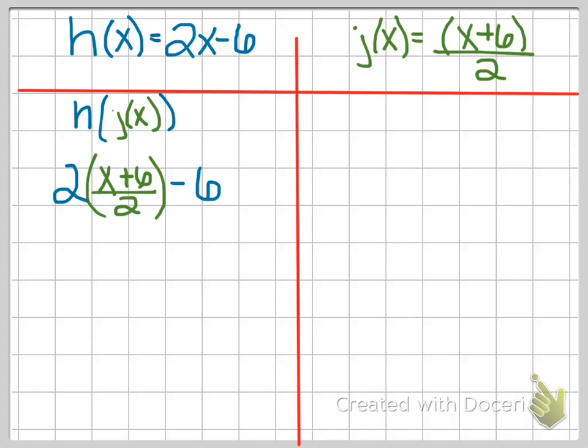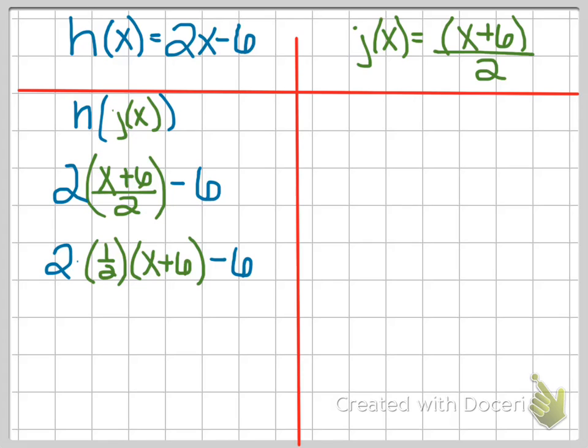So we take a look at what j of x is, and we place it as the input within h of x. 2 times the quantity, x plus 6 divided by 2, take away 6. And you can see that if I rewrite it, 2 times 1/2 of x plus 6, take away 6.